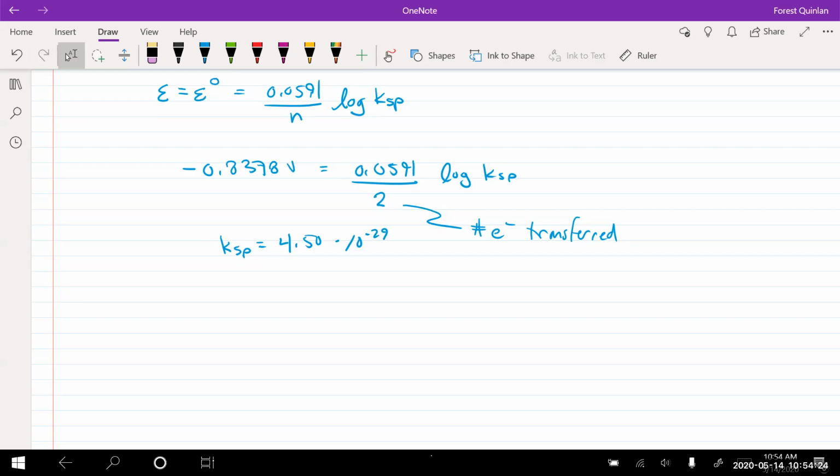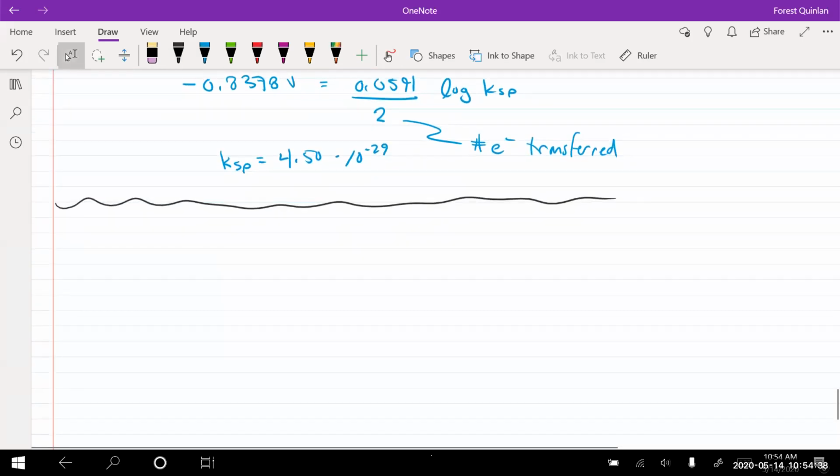So now we built a few different cells here. We've balanced a few different reactions. What we need to do now, but before I go, is everyone okay with what's gone on here? Any questions besides Dallas?